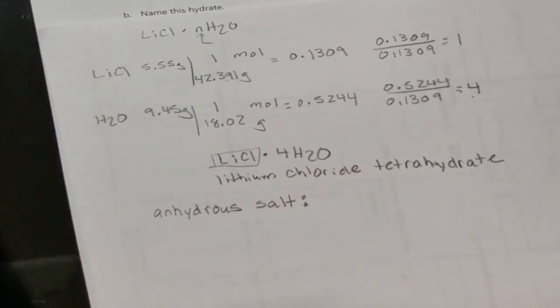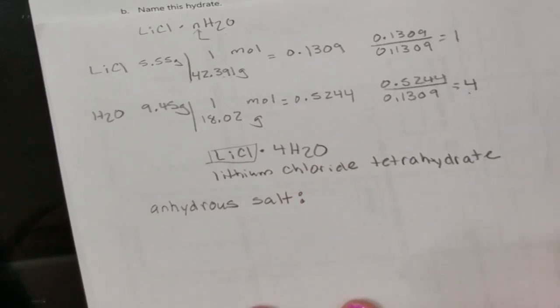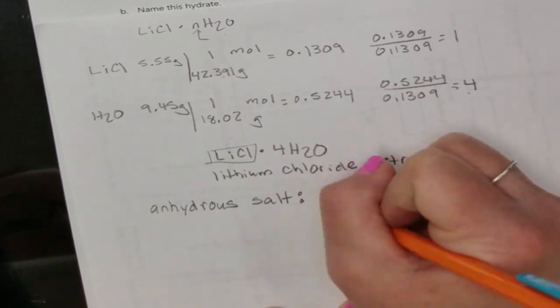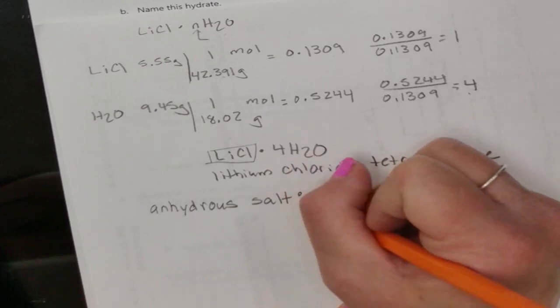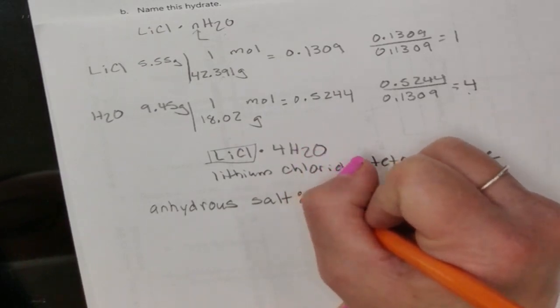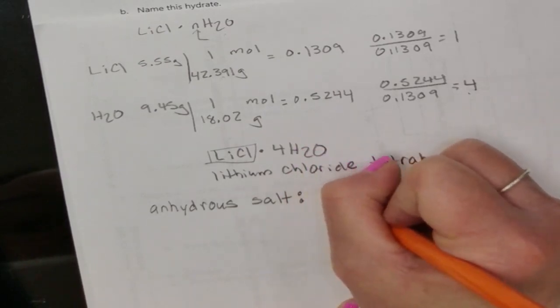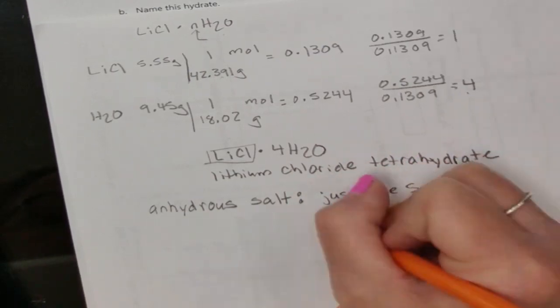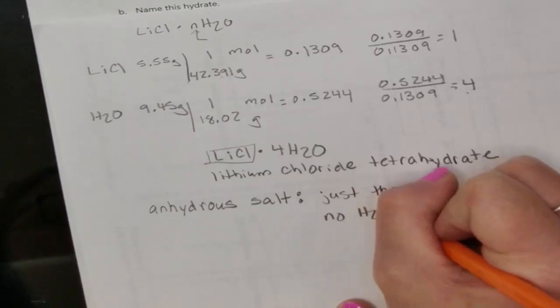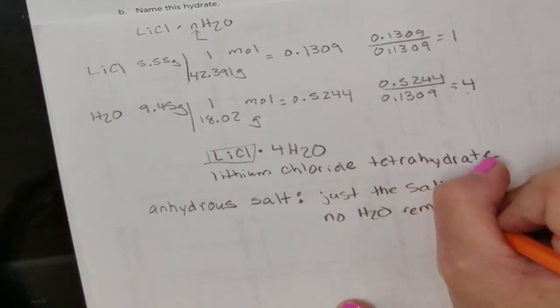So if I have an anhydrous salt, that is a piece of the compound where the water has been removed. So it is just the salt. There is no water remaining.